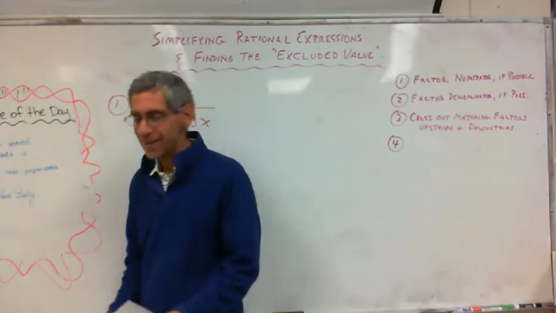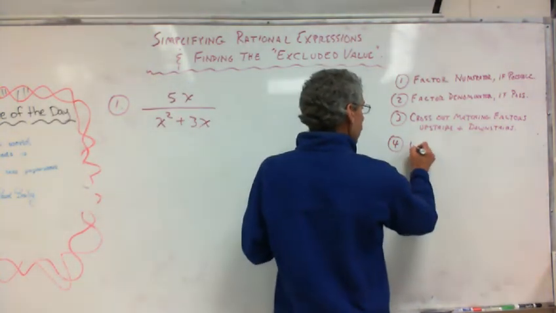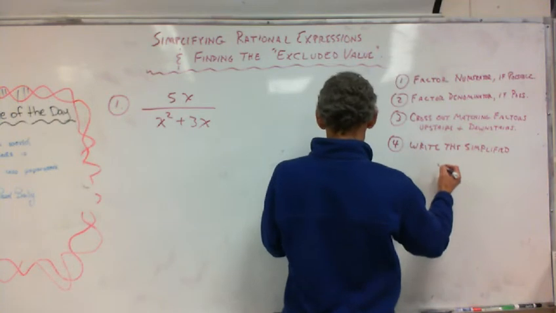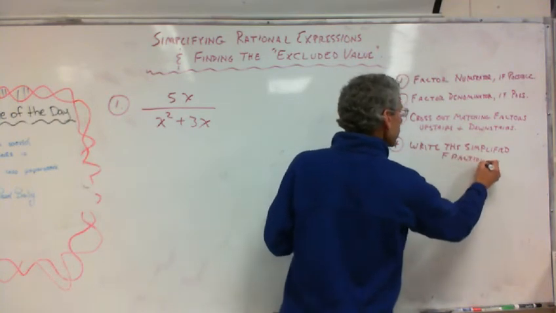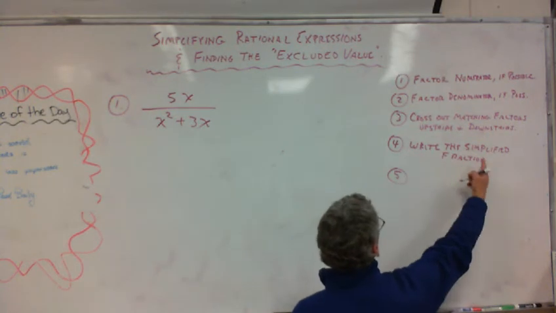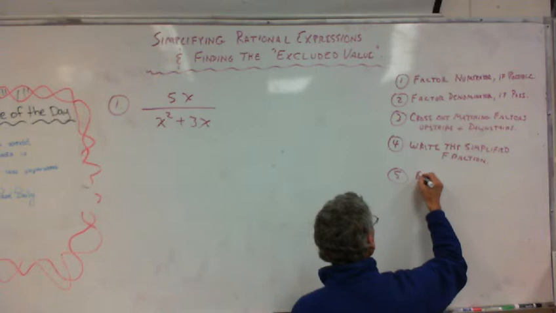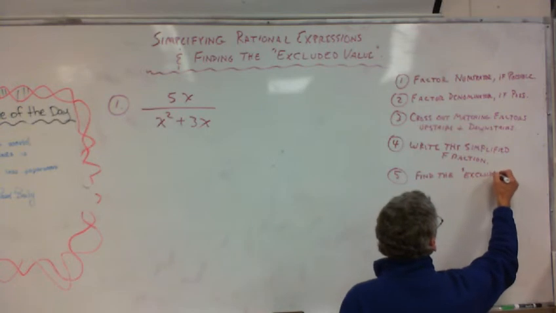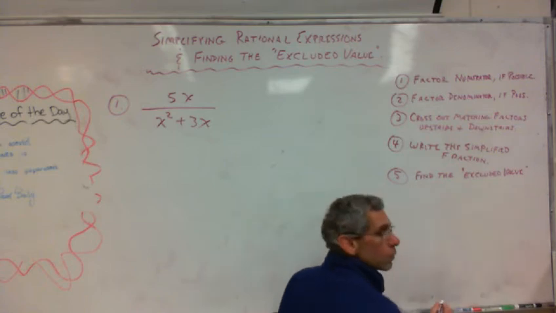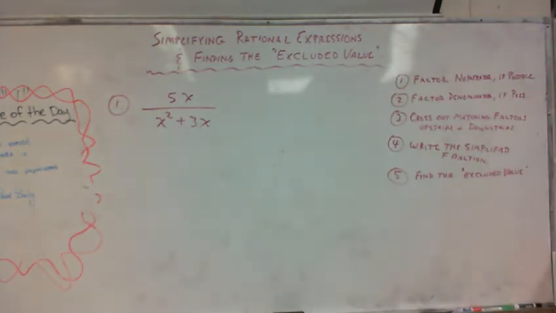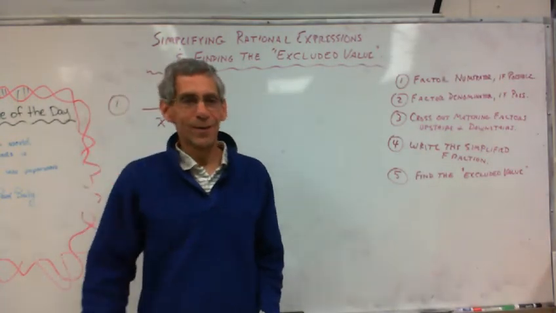They would cringe because upstairs and downstairs are numerators and denominators; it's not a mathematical term. Number four, write the simplified fraction, and the last step, number five, is find the excluded value. Those steps are really important.